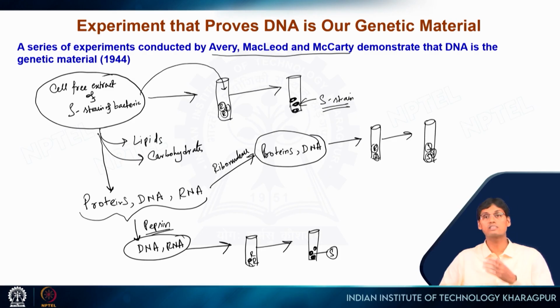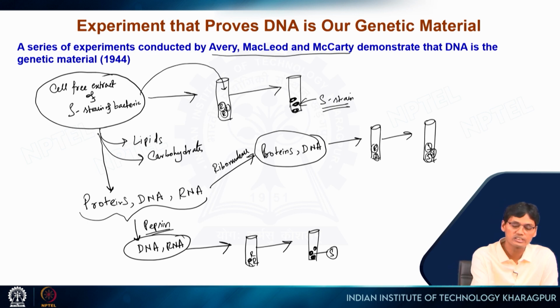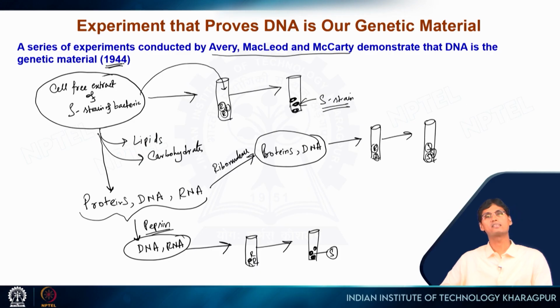That means the transforming principle is still present. Therefore, in 1944 they concluded that DNA is responsible, because they destroyed both proteins as well as RNA, but it can still transform R cells into the S strain, or smooth version, of this bacteria.